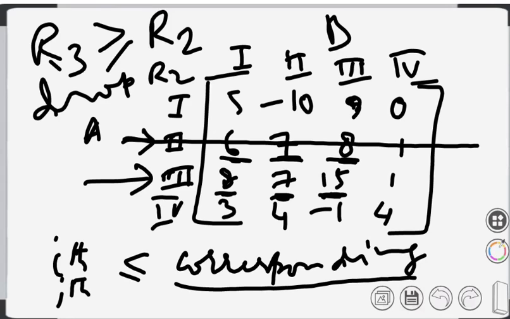Now, please look at this particular problem. Before going into the columns, look at row 1 and row 3.